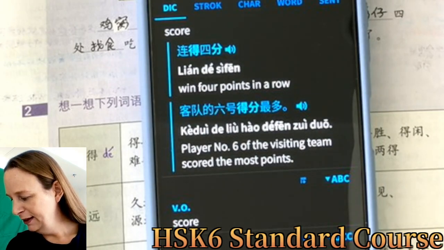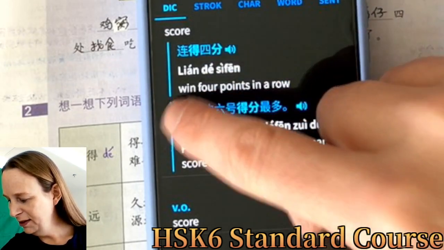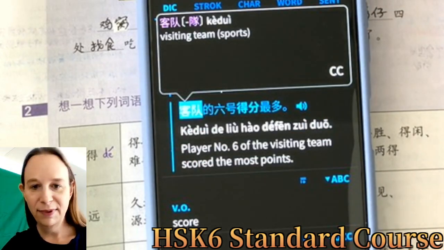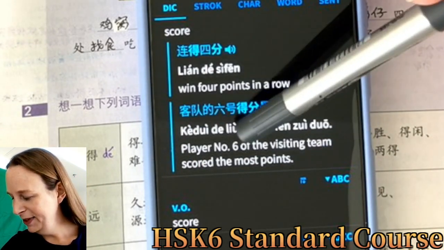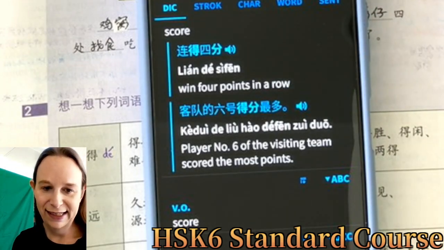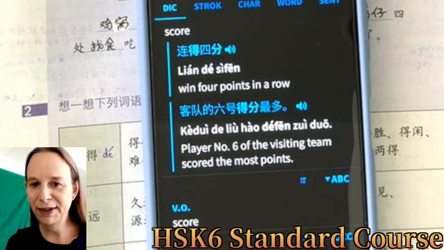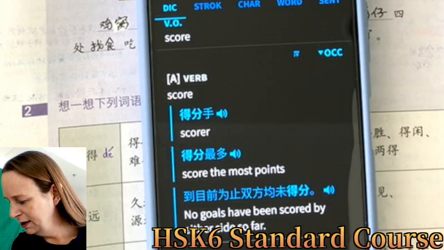The 6号. Okay, so 客队, what is 客队? Visiting team. Okay. So player number 6, 6号, player number 6, 得分最多, got the most points. So maybe they're like a basketball team or something. 得分手, 得分最多.